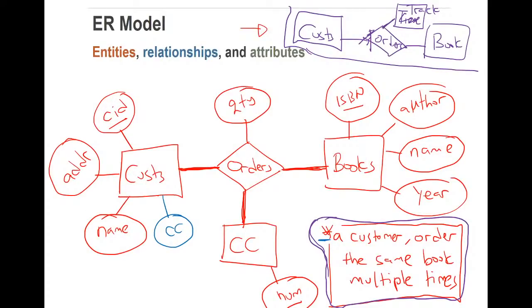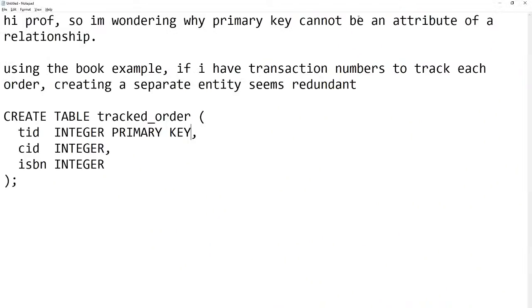Which means that your ER diagram will basically look like this. This means you want to make sure that the customer can order multiple books. In the end, the order and the track will be merged.